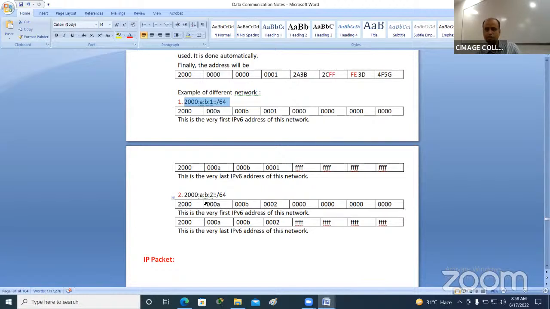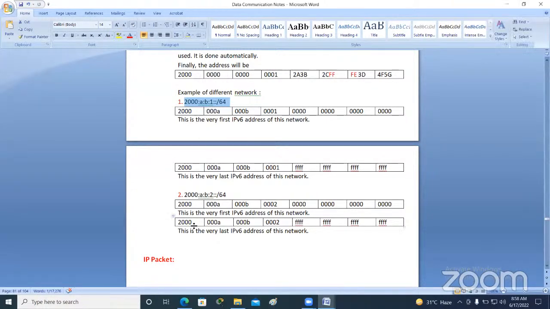This is the second network example, because I have made a change with a single value. If there is a single value change, there is a different network. Okay, sir. Fine. Just wait.